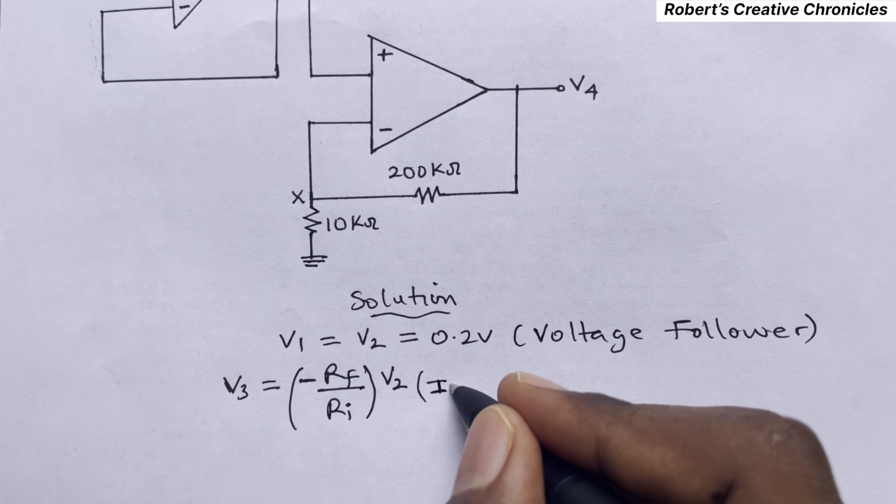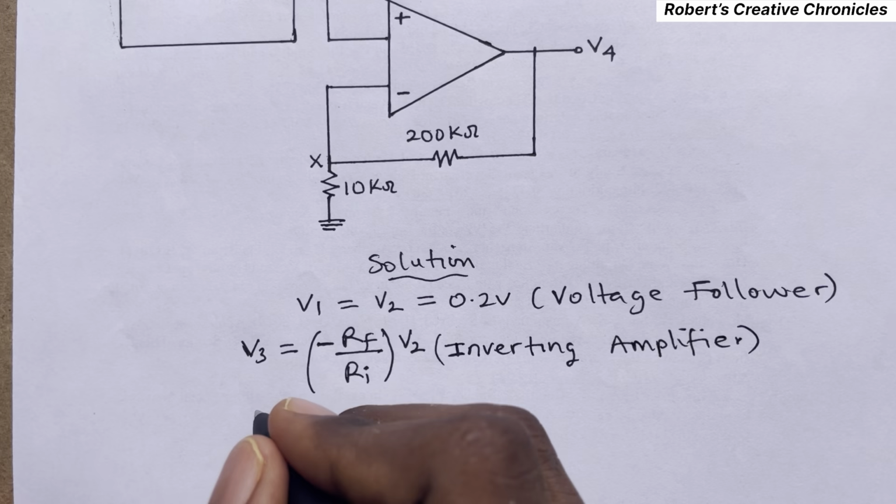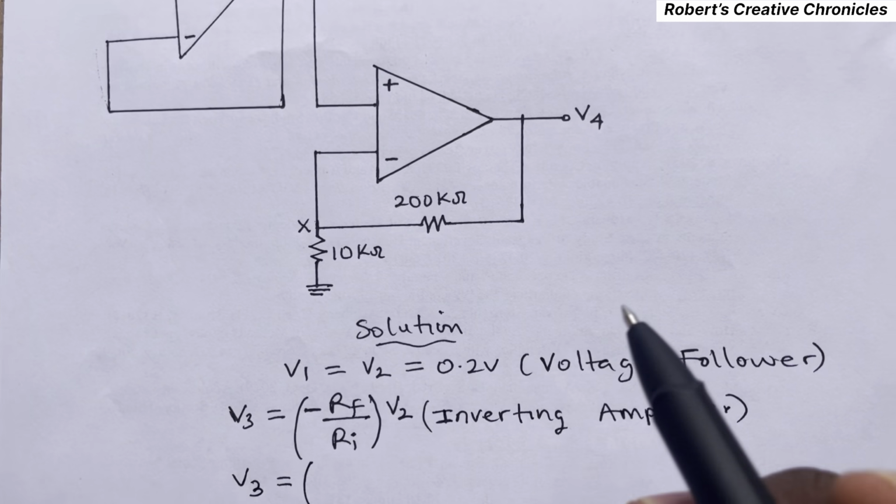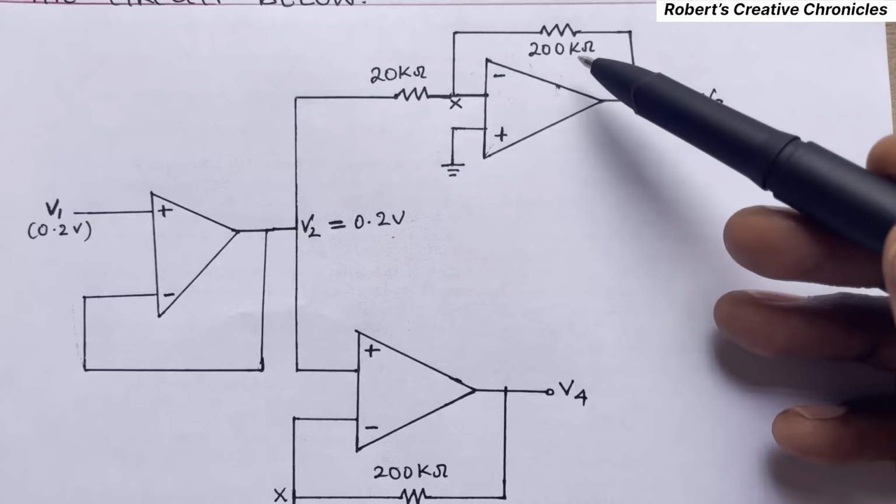So this is for an inverting amplifier. Now V3 is equal to negative Rf over Ri times V2. Rf is this 200 kilo ohms, then Ri is 20 kilo ohms.